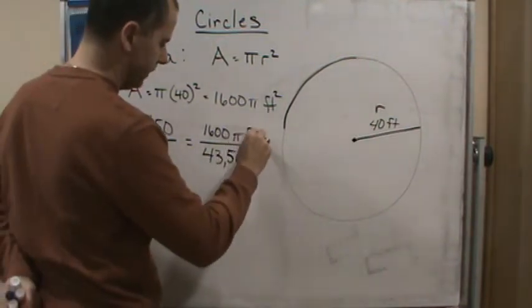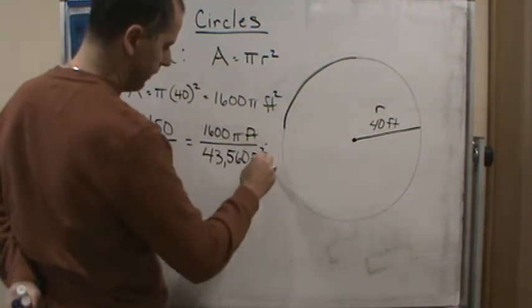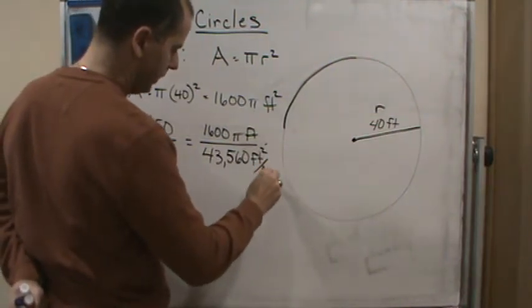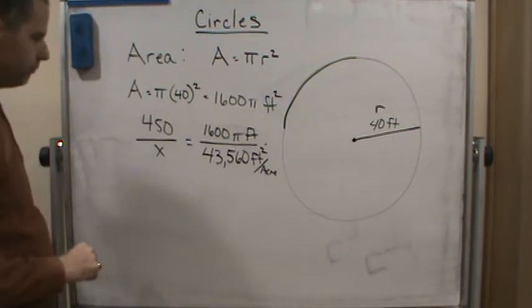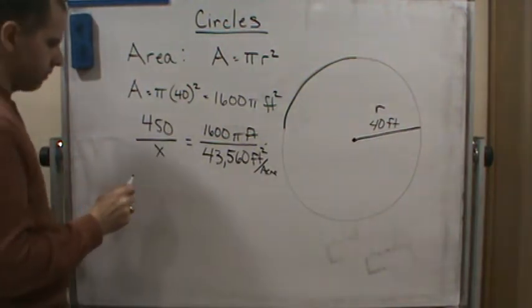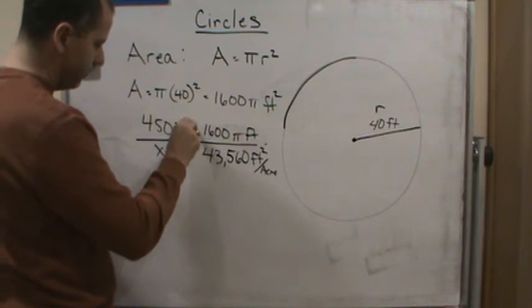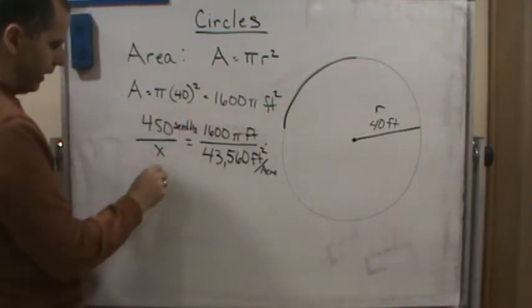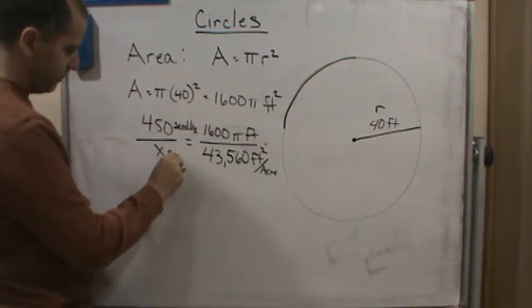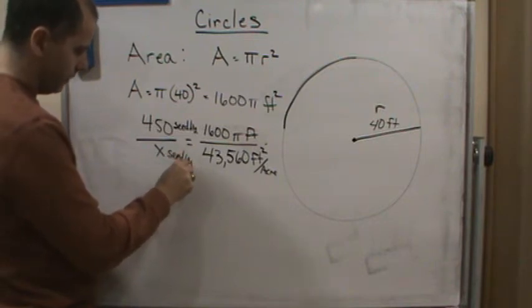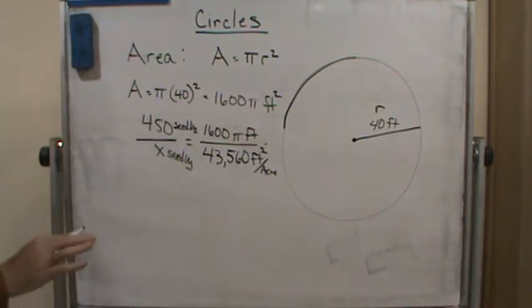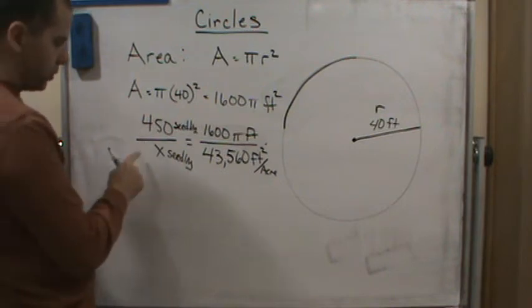This is in square feet, and this is square feet per acre. This is seedlings, right? And this is also seedlings. Okay, so again, make sure you have your proportions set up right.